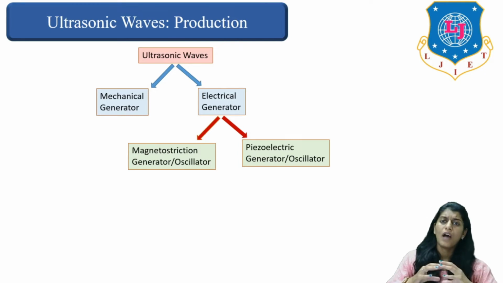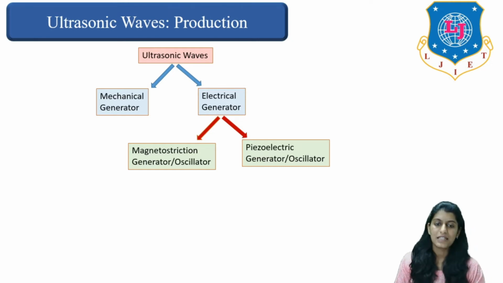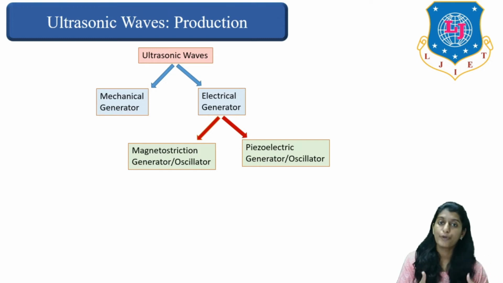Now, after knowing the characteristics and properties of ultrasonic wave, it becomes quite important for us to understand how these waves are produced, right? Naturally it is produced and we cannot sense it, but we can produce ultrasonic waves using some equipment.